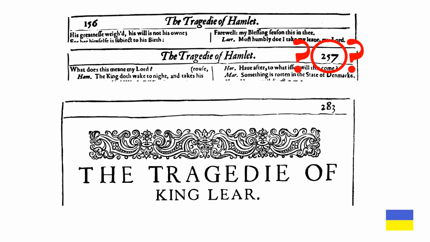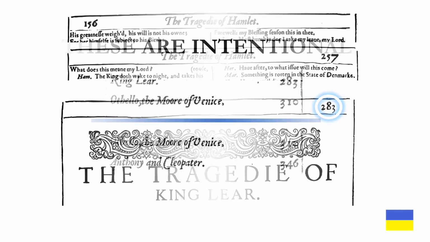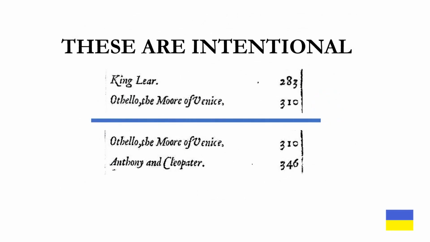It turns out that if he had not skipped 101 digits, or 100 digits, Lear would not have begun on page 283 as it does in the text. We can conclude that these are intentional.